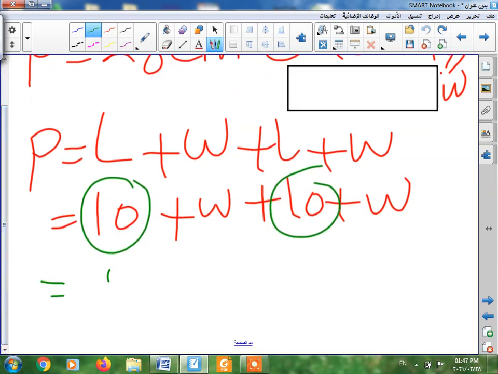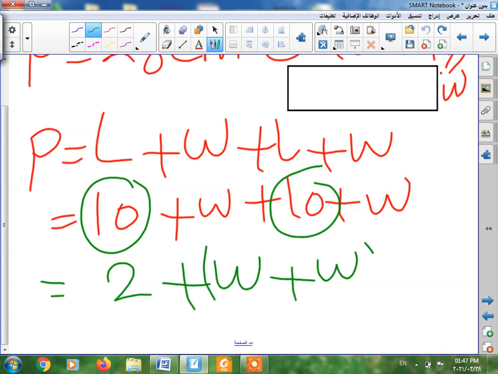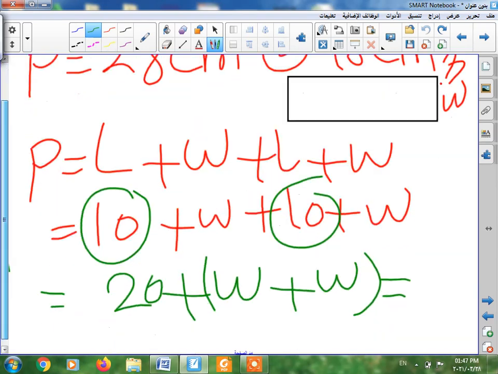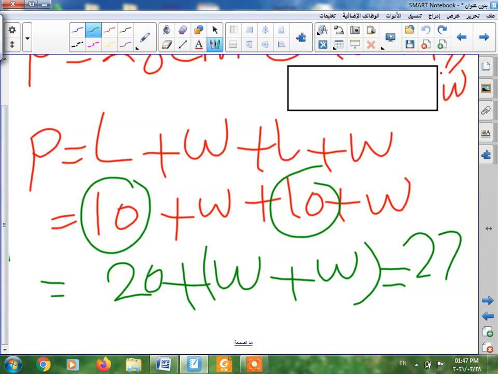Then 20 plus width plus width. We say perimeter equal 28. Width plus 20 equal 28.